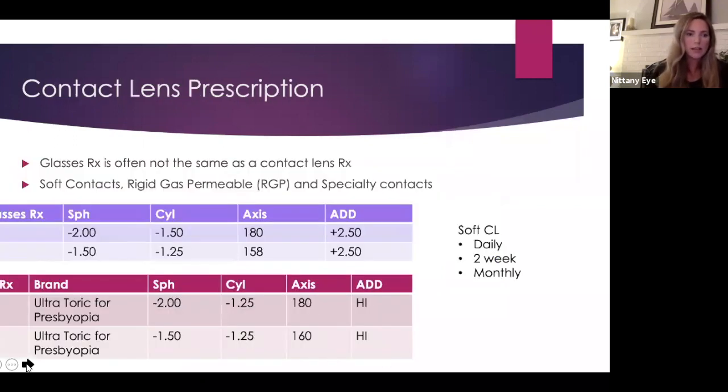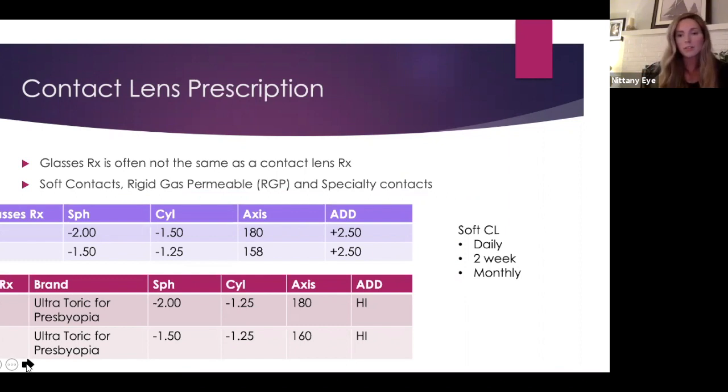And so then we have a contact lens prescription. So glasses RX is not the same as a contact lens RX most of the time. There can be multiple reasons for this, but one reason is that the distance that the correction is from your eye is different with glasses versus contacts. So glasses sit about 1/2 inch out in front of your eye, right? Where the contact lens sits directly on your eye.